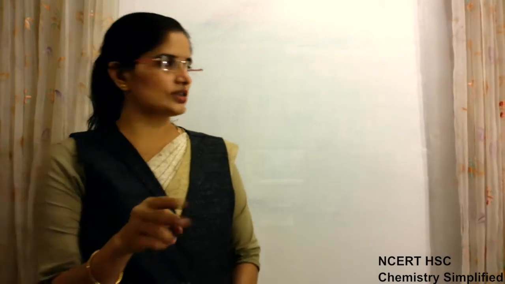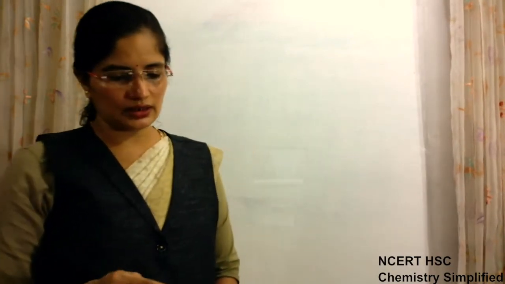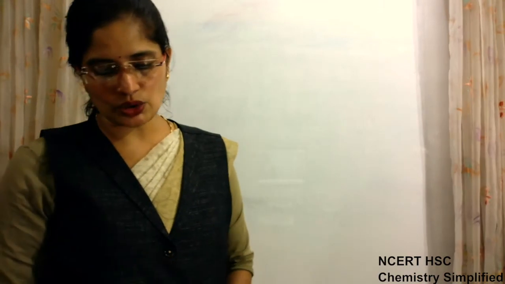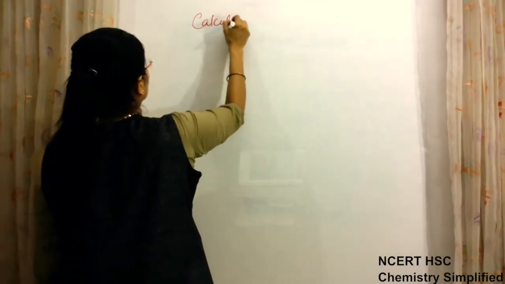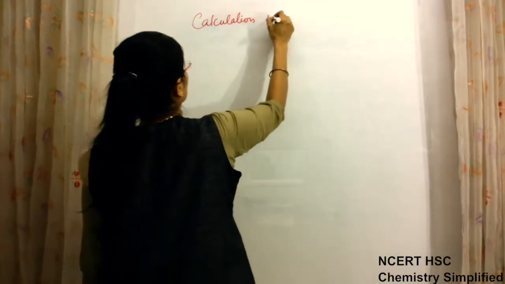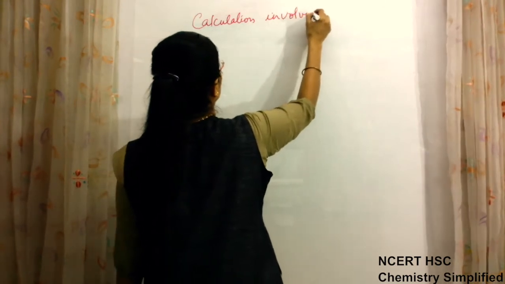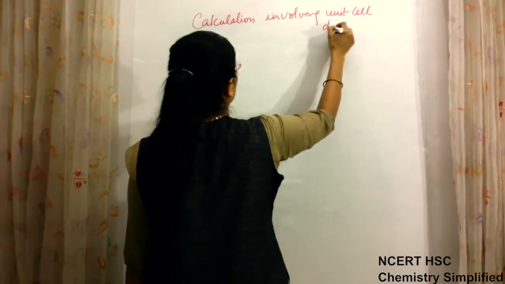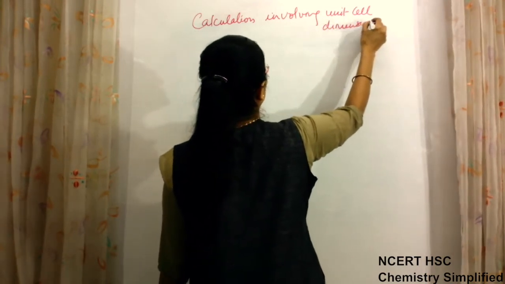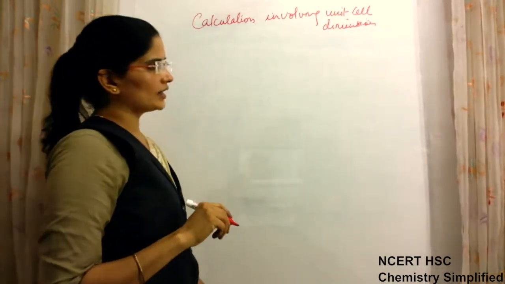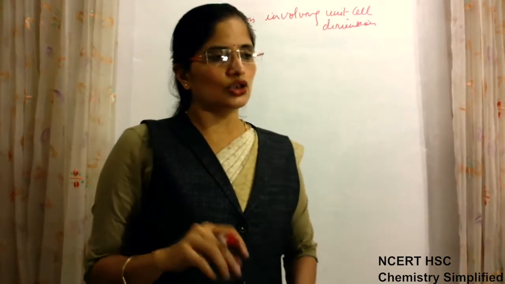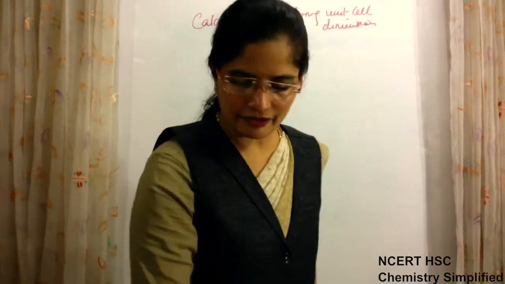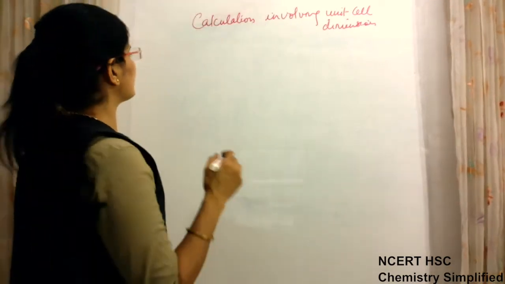Two types of questions are there in this chapter. One we will discuss after this, and the second type is based on this formula: calculation involving unit cell dimension. This calculation is done using one formula which is derived from the dimensions of the unit cell itself.